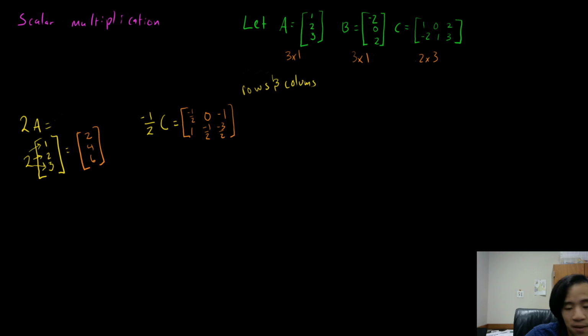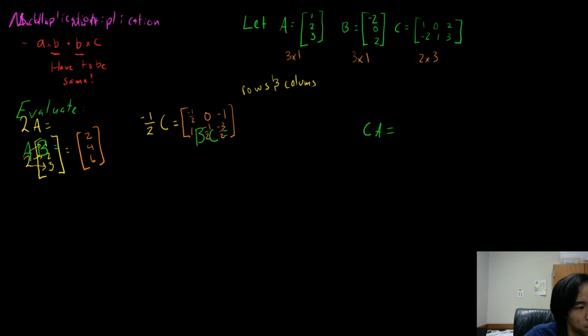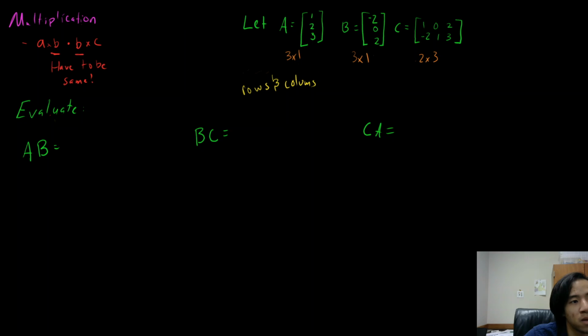Okay, and lastly, we have vector multiplication or matrix multiplication. The rules for this are kind of weird. So this is actually what's going to be the most complicated. And if you take a look, this is kind of our rule for multiplication. These are going to be the sizes, A by B, and then B by C. The middle 2 numbers actually have to be the same.